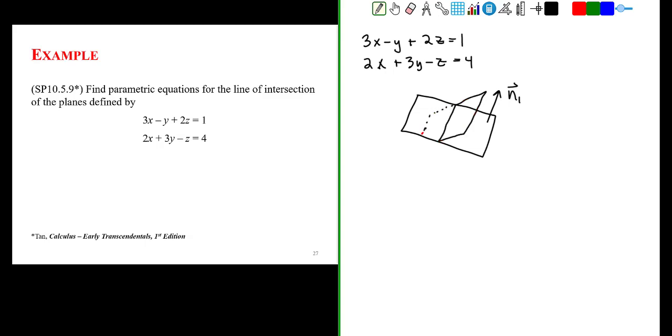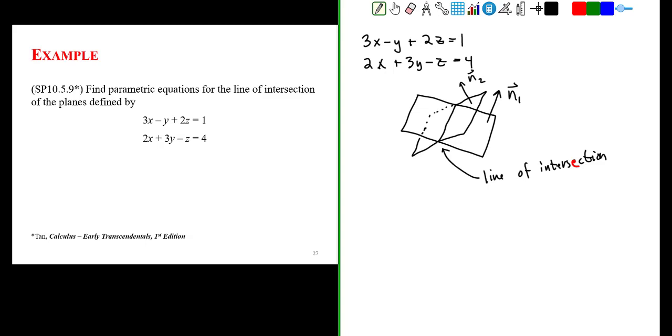This plane has a different normal vector, n2. These two planes intersect along this line of intersection. We now have to find an equation of this line of intersection, and specifically a parametric set of equations to describe this line of intersection.